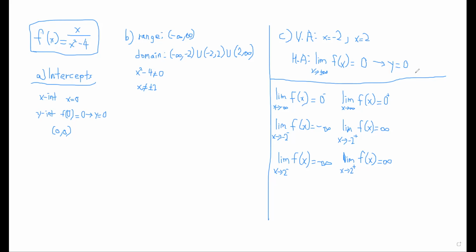When you approach -2 from the left-hand side, the number will become very negative. As you approach -2 from the right-hand side, it'll become very positive. As you approach 2 from the left-hand side, it will be very negative. And as you approach 2 from the right-hand side, the function will be very positive, very high infinity. So that's good. So far, so good. Let's erase this.